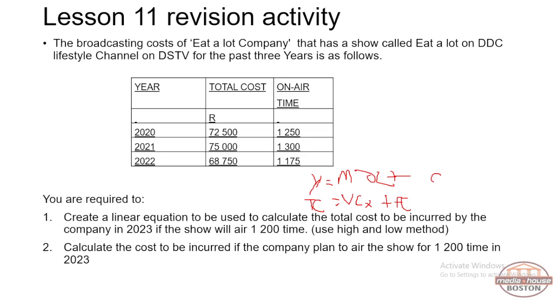Your employees, you still have to pay them their salaries, especially those who are not involved in the acting, because your actors are going to be paid per scene. So meaning that the cameraman, the administrators, those guys will have to be paid on a monthly basis, whether the show is recorded or not.